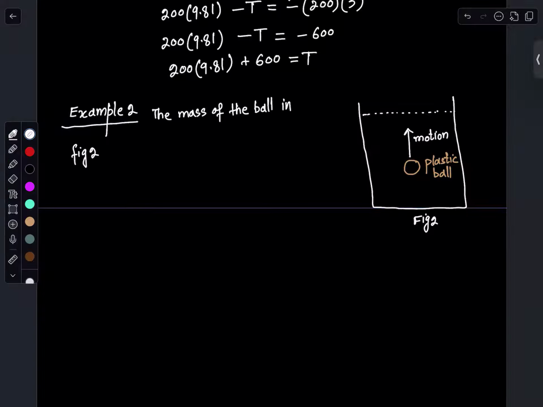So AB is a smooth or frictionless inclined plane on which the given box is sliding downwards.